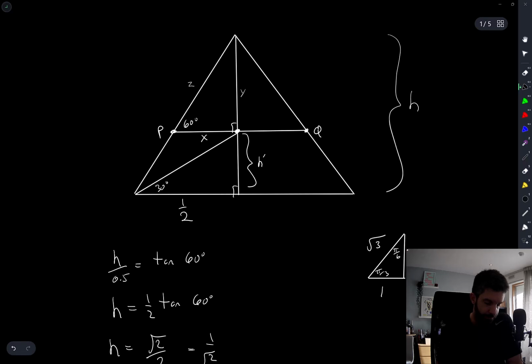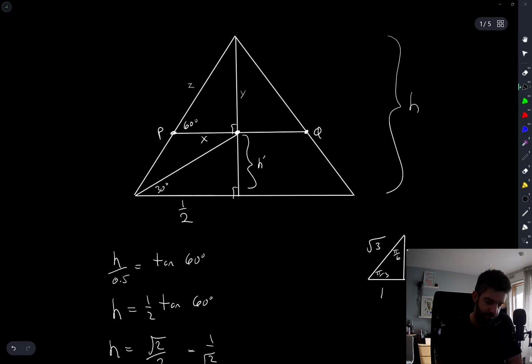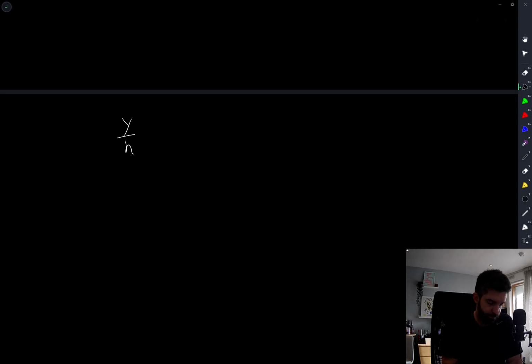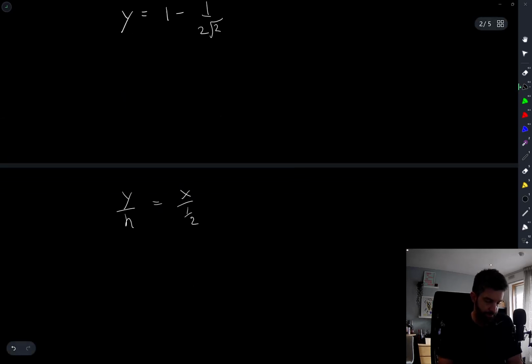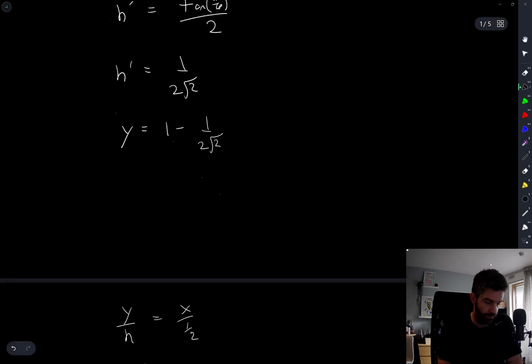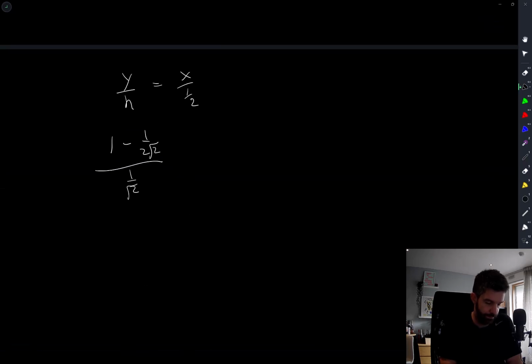And x is a scaled down version of this side. So h over y is equal to half over x. Let's write this as y over h is x divided by a half. Okay, 1 minus 1 over 2 root 2 divided by h, which is 1 over root 2, is equal to 2x.